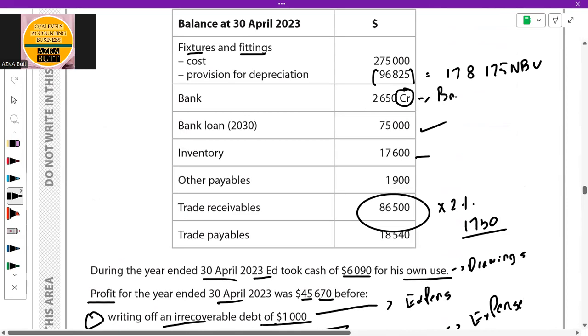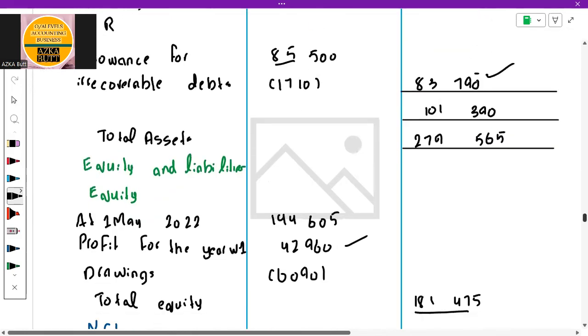So this is showing us the bank overdraft. If they had written DR, a debit balance, that would be our current asset. But since CR is written in front of this 2,650, it shows a bank overdraft, and this would be our current liability. That's why we have written it here as a current liability.